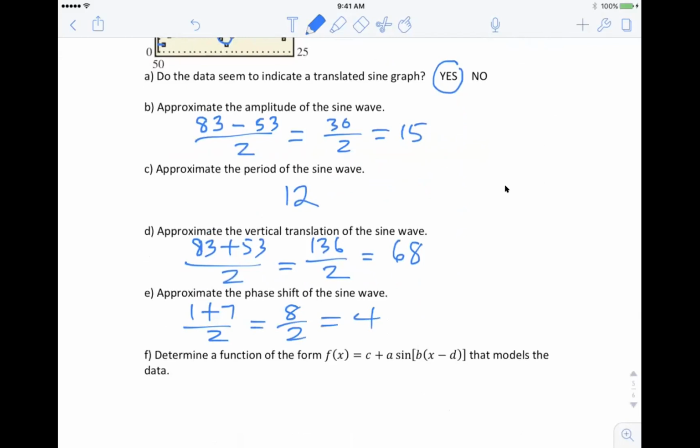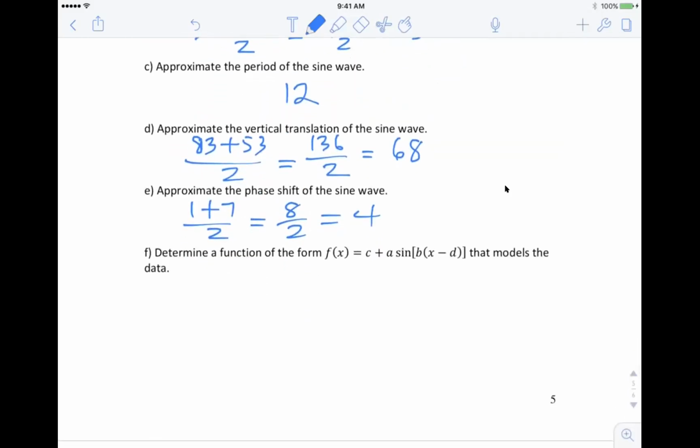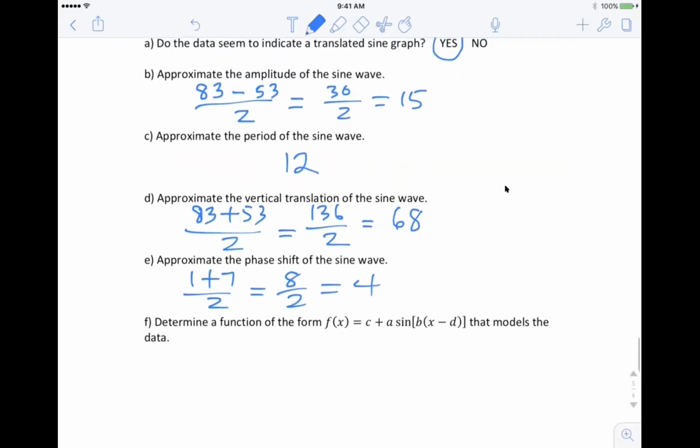Finally, we can put all those in to find the model for the graph. So I need A, B, C, and D. A is 15. That's the amplitude. 2 pi over B should equal the period, 12.